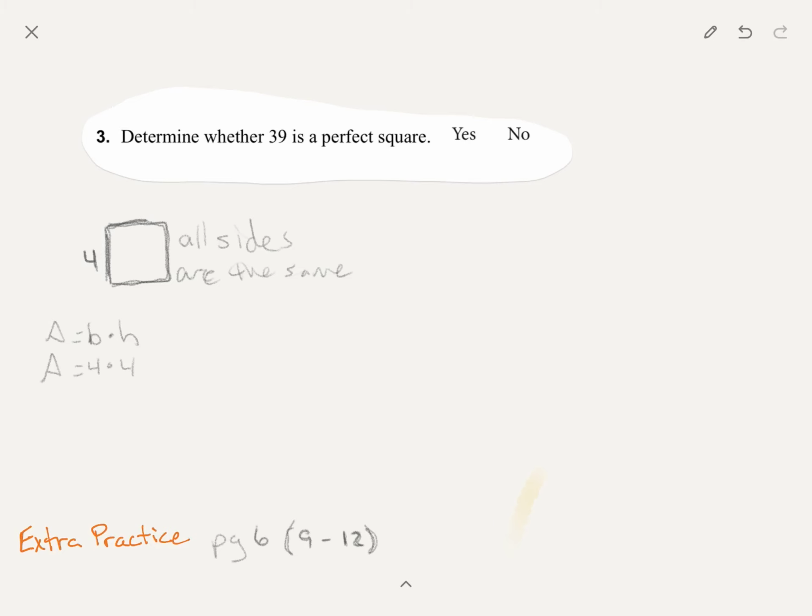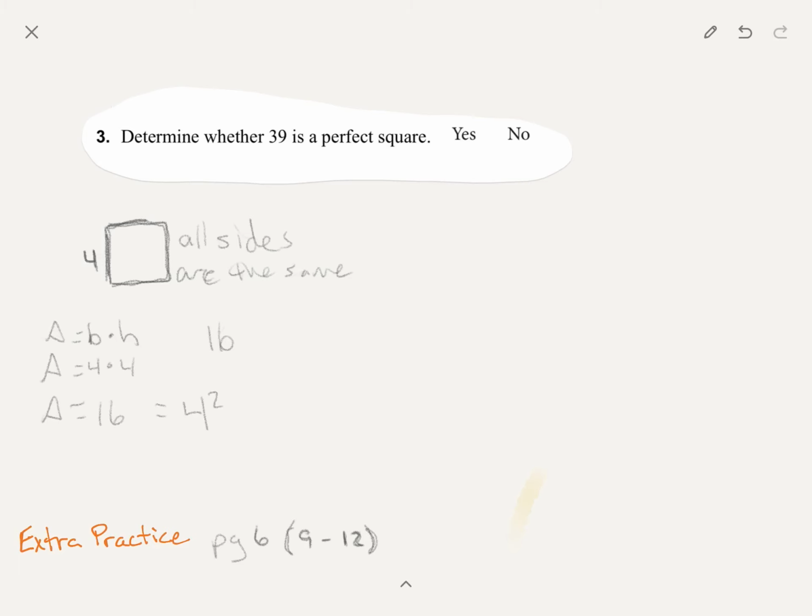Another way that we could show this as an area would be the perfect square number of 16 would be the area for this. Let me back up a little bit. If we figured this out, the area would be 16. Another way to show this would be 4 to the second power, or 4 squared.